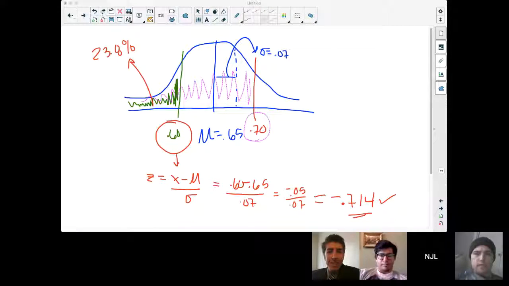But I think if I understood you right, Jesse, you were saying, hey, 0.7 is the same distance as 0.6, just on the other side. Therefore, it'll have the same z-score, just positive. Is that what you were saying? Yeah, great logic. And therefore, that area from 0.6 up is the same area as from 0.7 down.